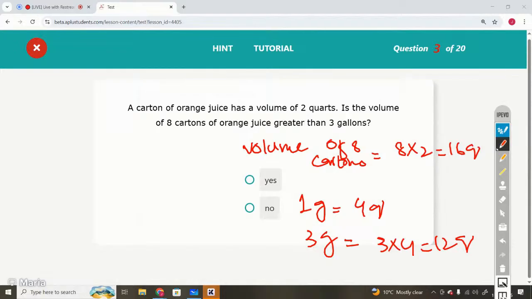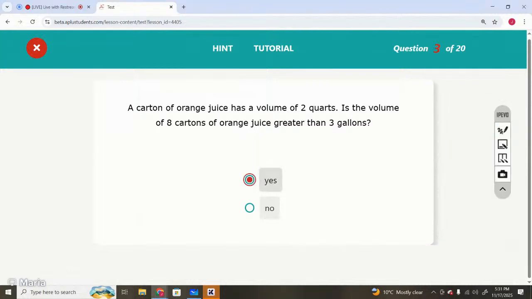Yes, it is, because the volume of 8 cartons is 16 quarts. So 16 quarts is more than 12 quarts. Yes, it is.